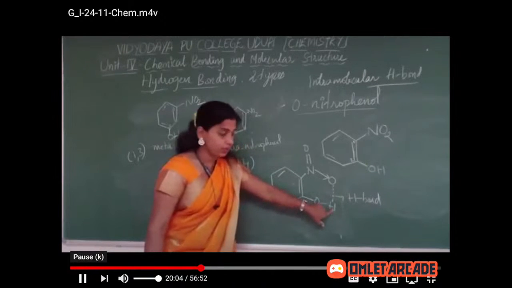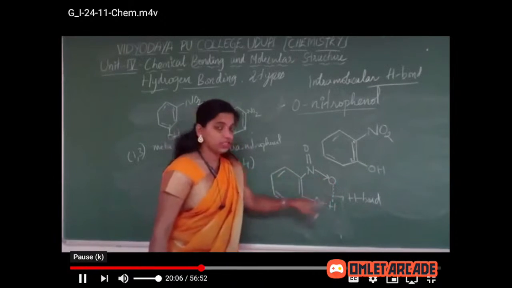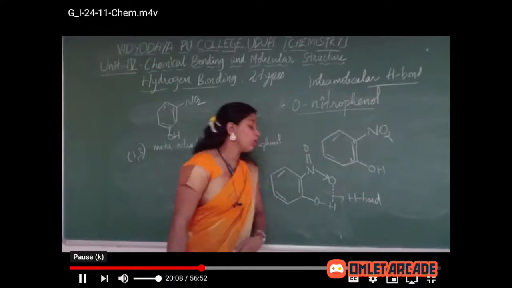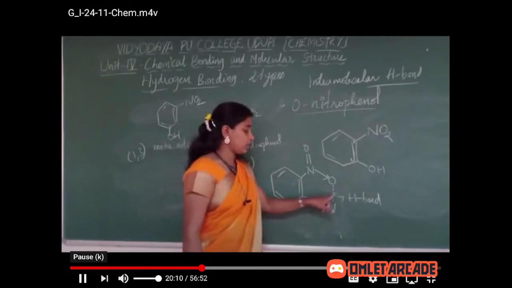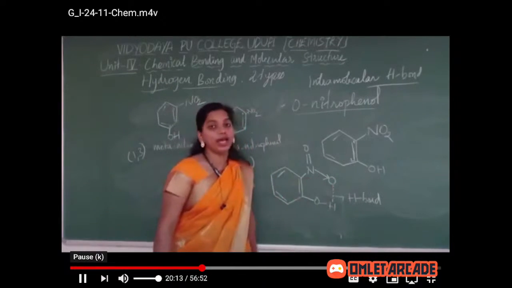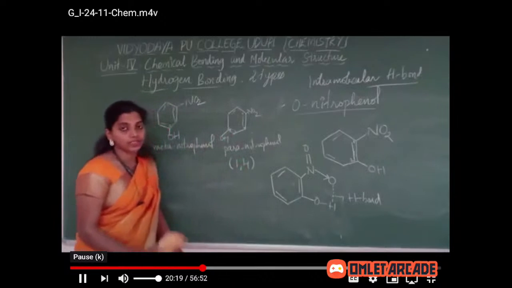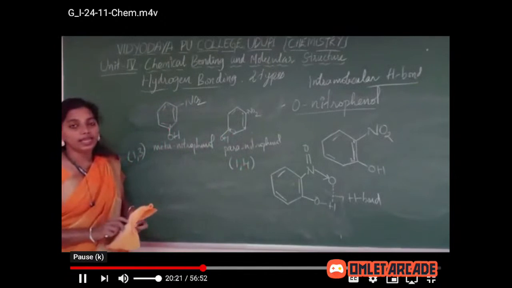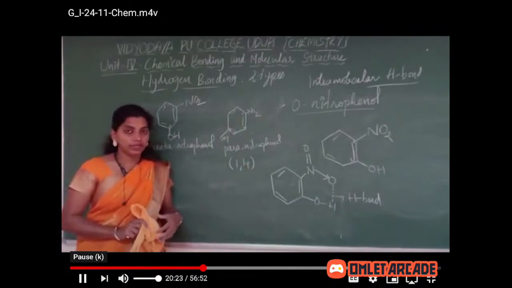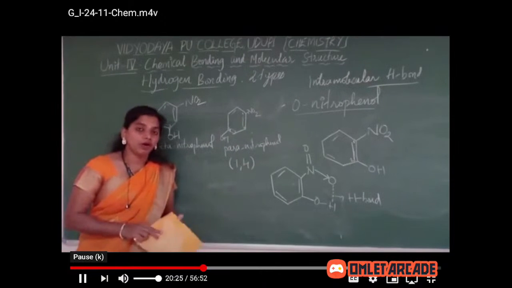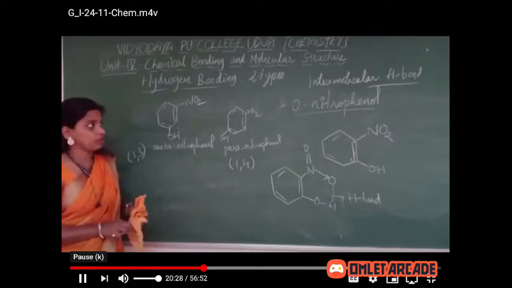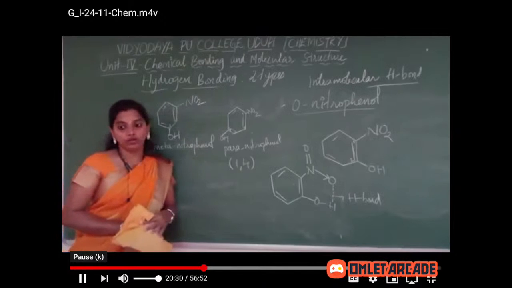Now this H is between two oxygens which are highly electronegative. So there is an attractive force. So this bond is called the hydrogen bond. Okay, within the molecule. If hydrogen is present in between two highly electronegative elements or atoms, then intramolecular hydrogen bond is formed. That is orthonitrophenol.